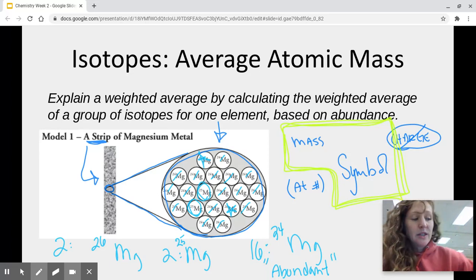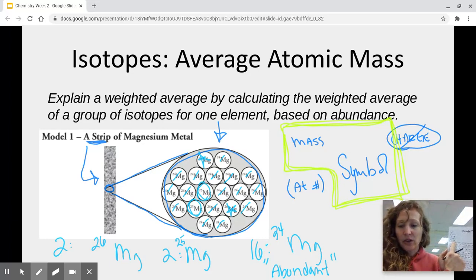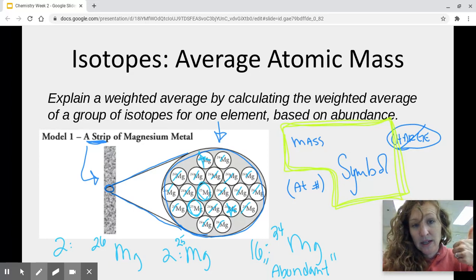Protons define the element you're talking about. So if you want to know how many protons the element has, you have to look at a periodic table. Magnesium has the atomic number of 12. Magnesium has 12 protons. So magnesium 24 has 12 protons. Magnesium 25 has 12 protons. Magnesium 26 has 12 protons, right? If it's magnesium, it has 12 protons.